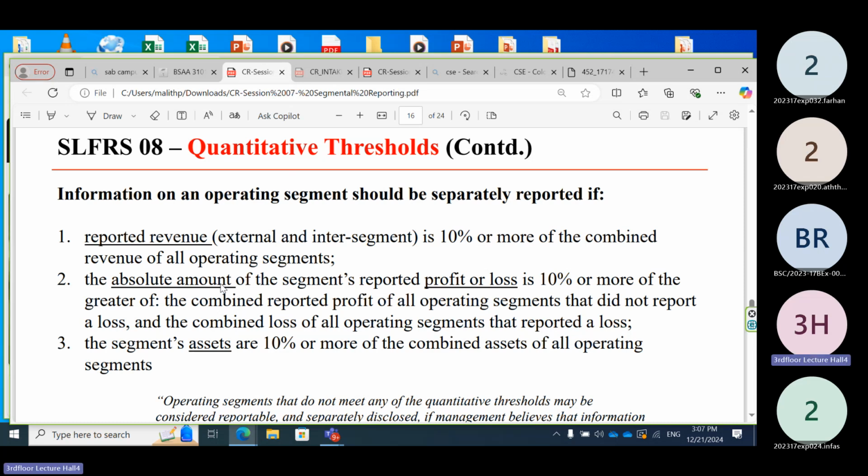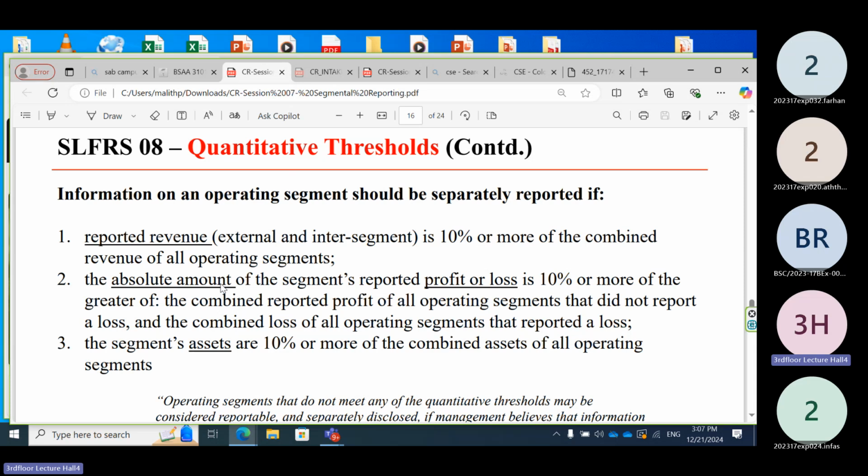Likewise, you have to evaluate this analysis, and if you can achieve one criterion, say 10%, it's a reportable segment.